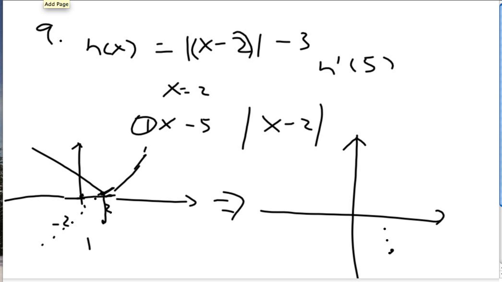Here we go. So the slope when x equals 5, 2 is still the transition point, x equals 2. So when x equals 5, of course the slope is 1.